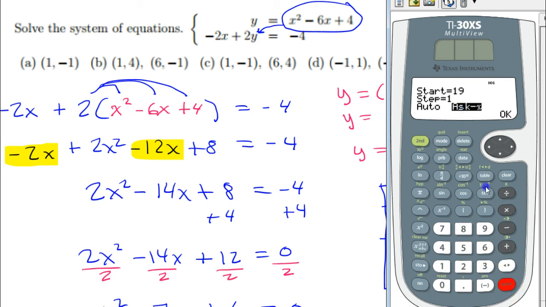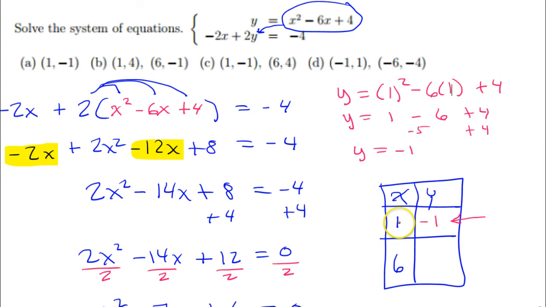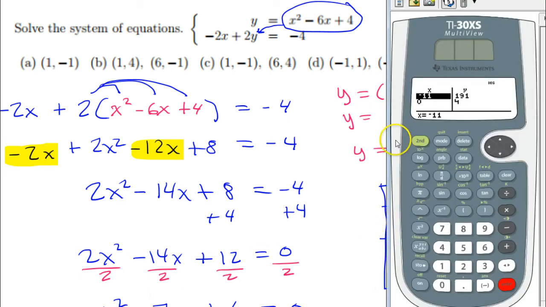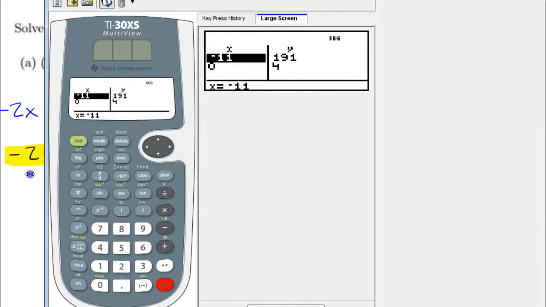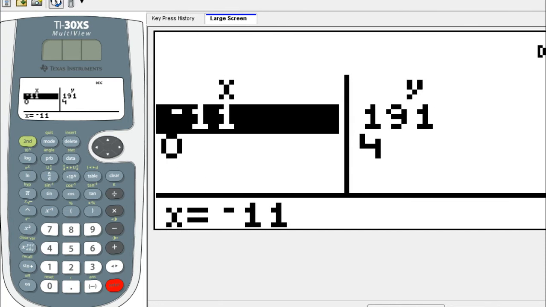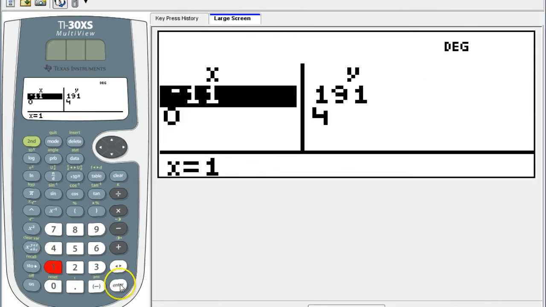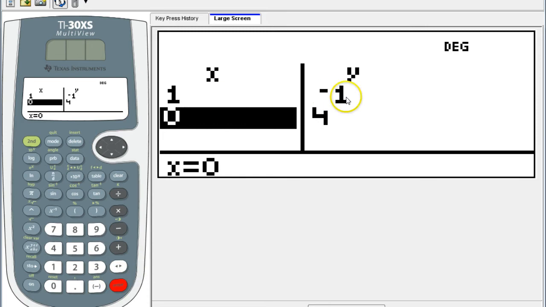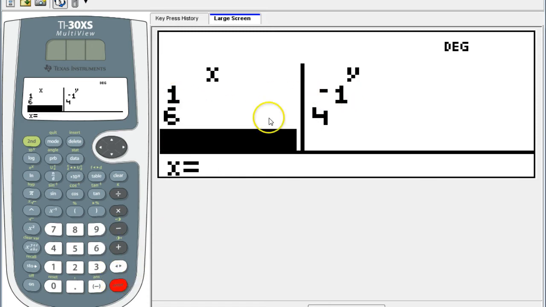I'm going to use the ask feature because I like it. So check it out. My two x values are 1 and 6. Let me make this bigger. If I type in 1, it's going to tell me the y value that goes with 1. And if I type in 6, it's going to tell me the y value that goes with 6.